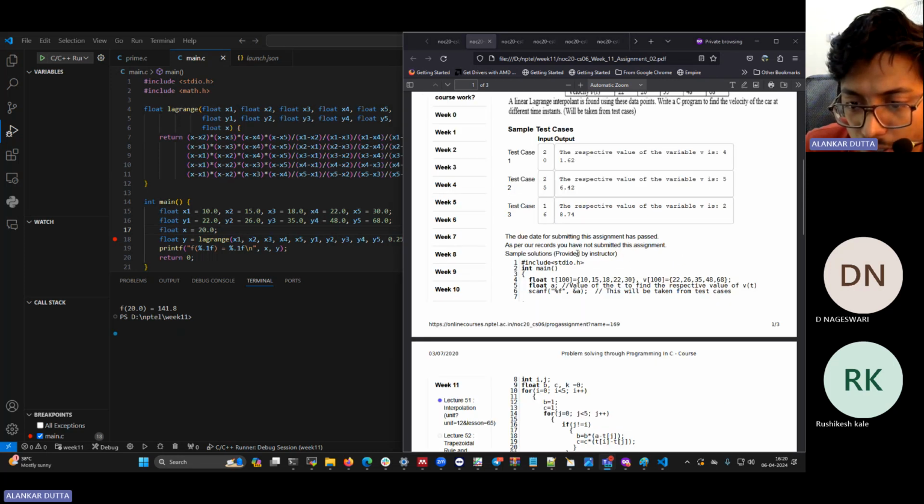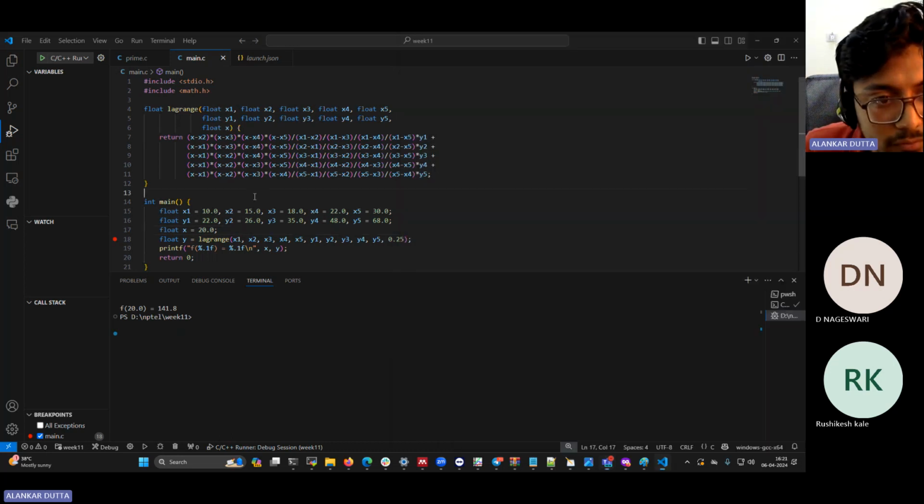And then this has been used to find out the value of the function, right? So let's try to break it down into the different values in here.